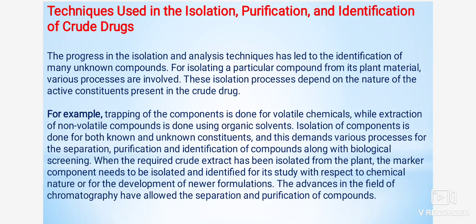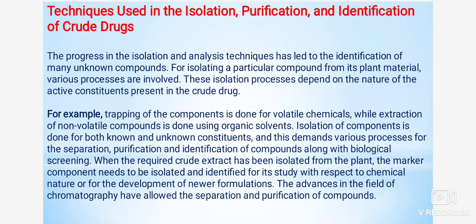Then, techniques used in the isolation, purification and identification of crude drugs. The progress in isolation and analysis techniques has led to the identification of many unknown compounds. For isolating a particular compound from plant material, various processes are involved. These isolation processes depend on the nature of the active constituents present in the crude drug.